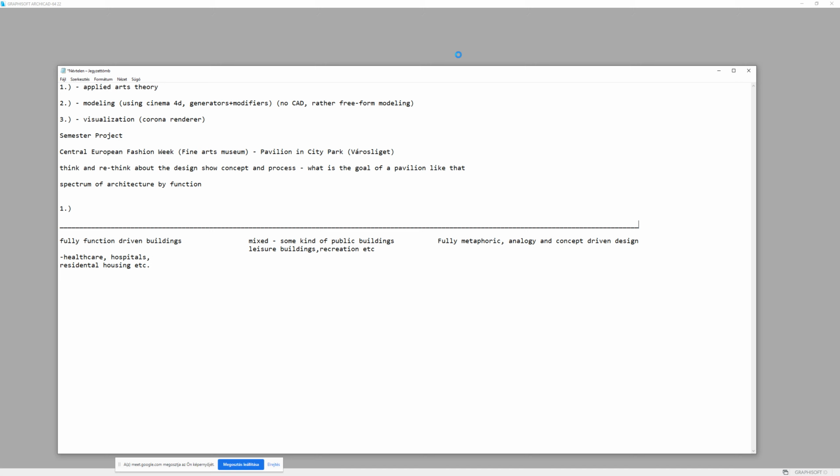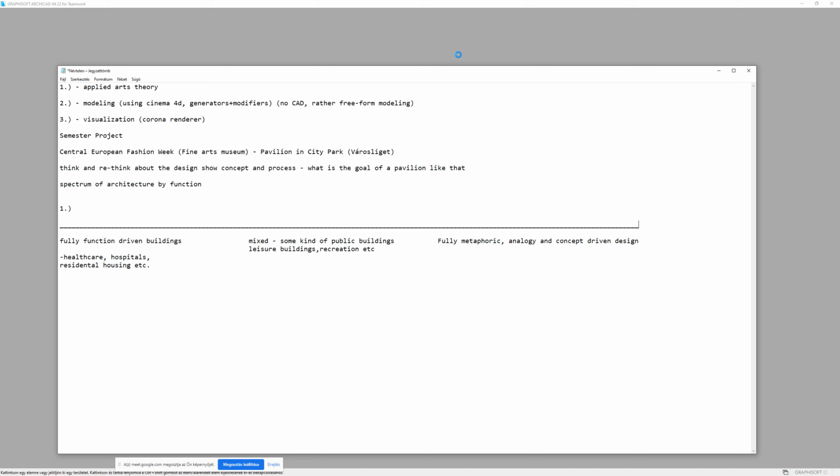On the right side there is this conceptual design, which doesn't even have to involve any kind of space in it. Can someone give me an example of the ultimate conceptual driven building type, where the function is totally secondary? Doesn't even matter. Yeah?